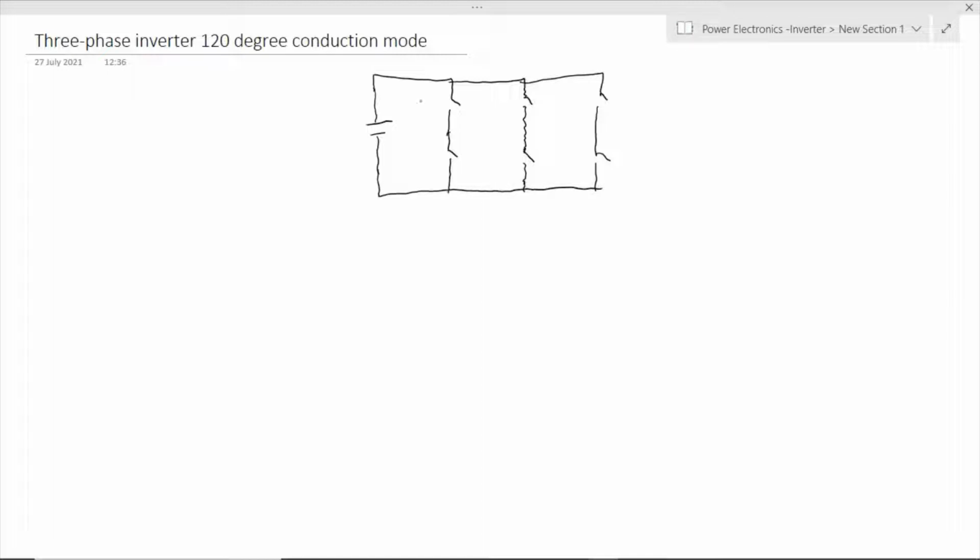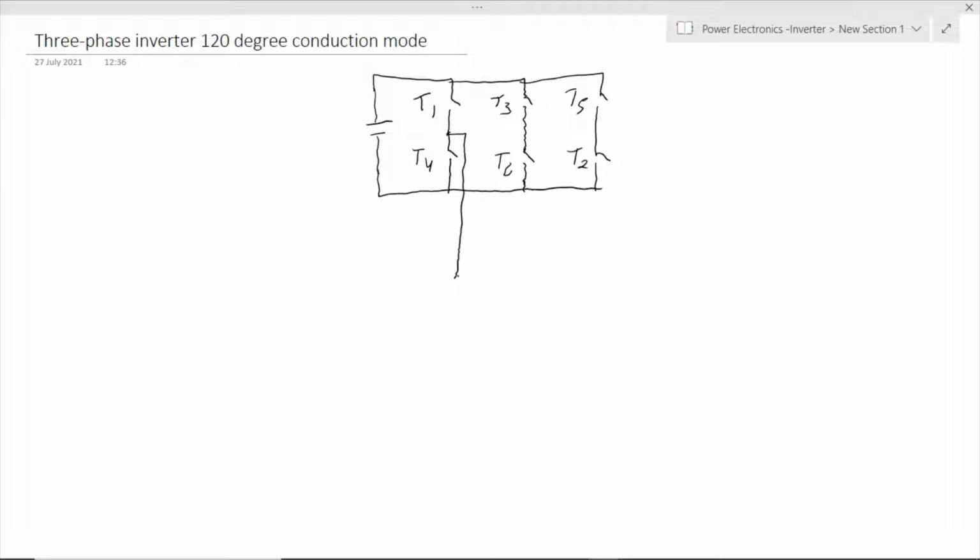We will name the switches as before: T1, T3, T5, T4, T6, and T2.